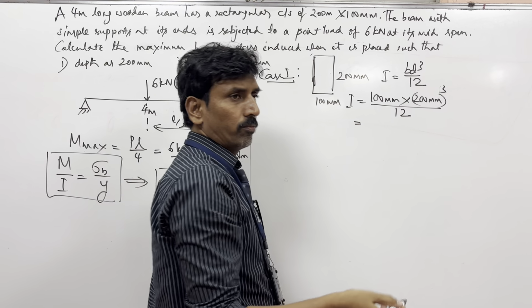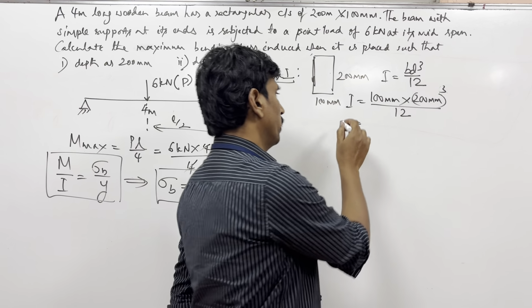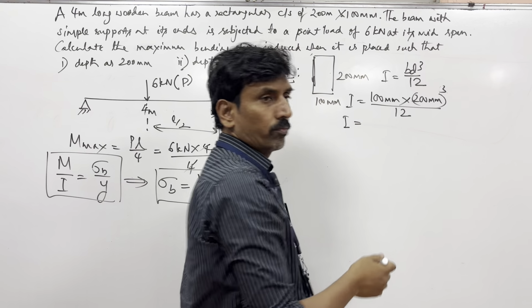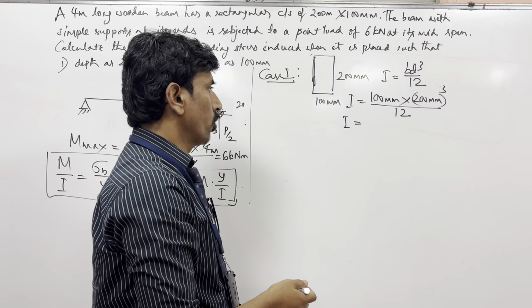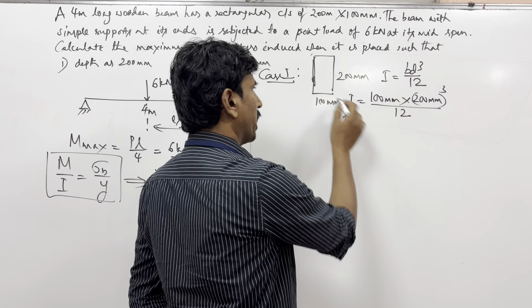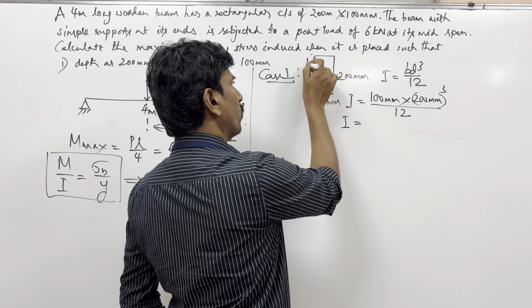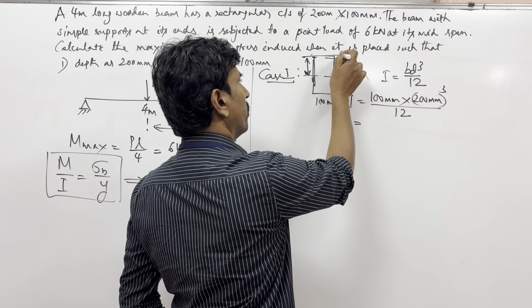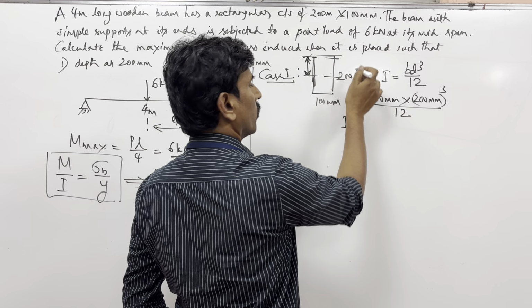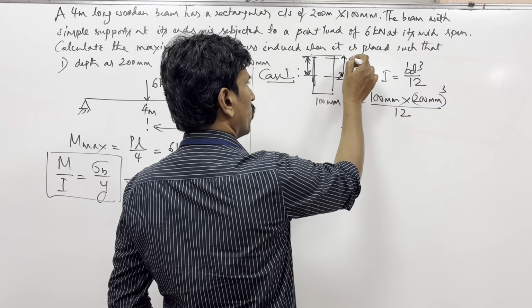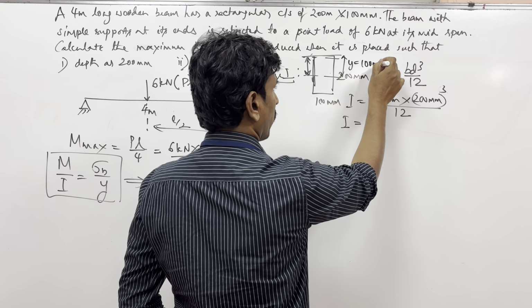What is the answer? Okay, so you got this value, and for this section I is known. What is y? Y is d by 2, that is 100. So y is equal to 100 mm.